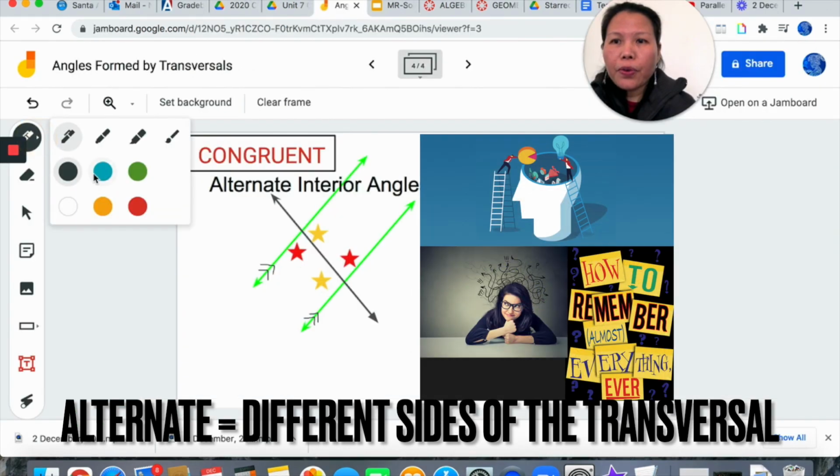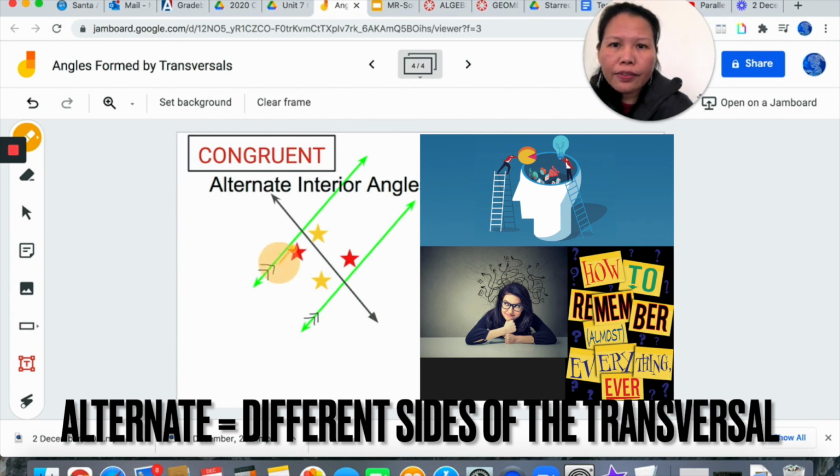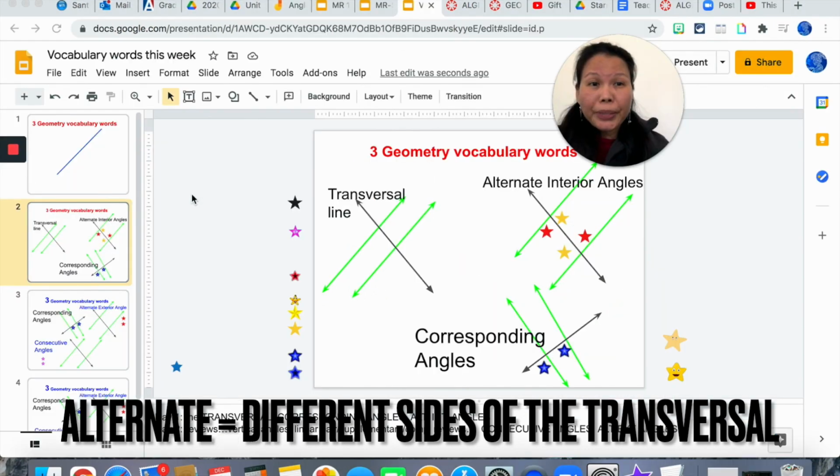If you follow with the yellow highlighter I have here, this is the angle and here's the other angle. If you follow with that yellow pen, you see it's going to form the letter Z in the alphabet. We can use the letter Z pattern to remember alternate interior angles. Three words we're learning here: transversal line, corresponding angles, alternate interior angles.